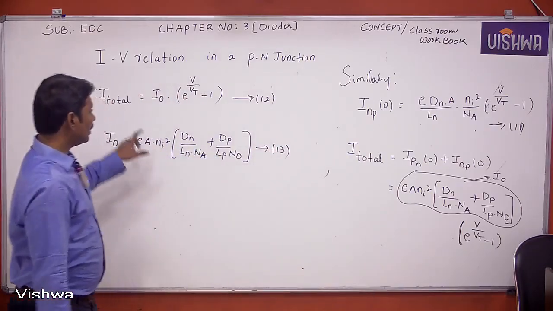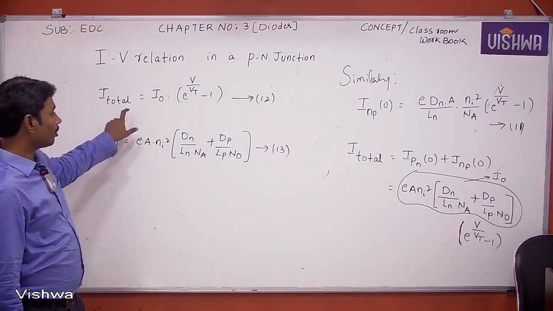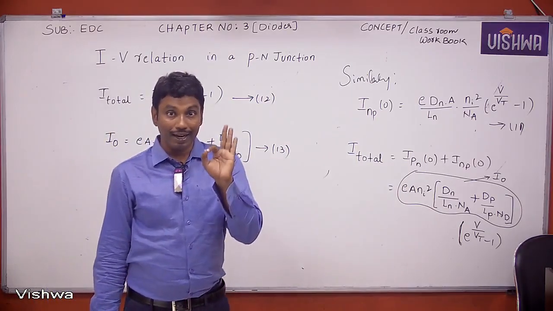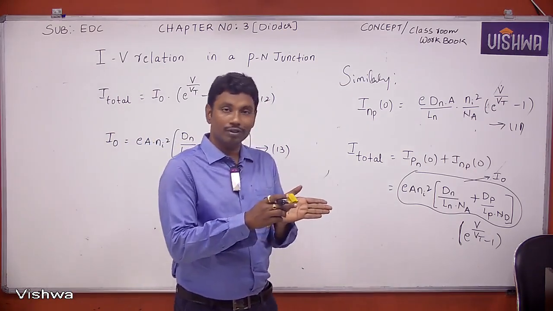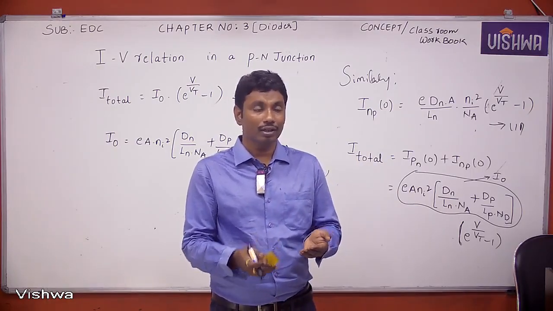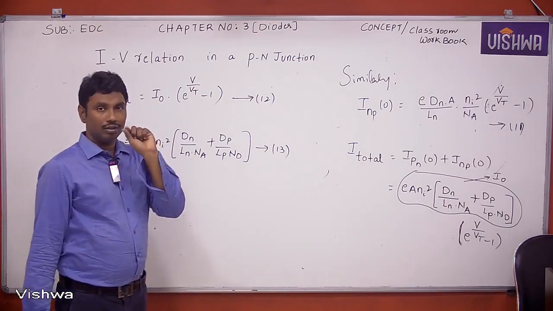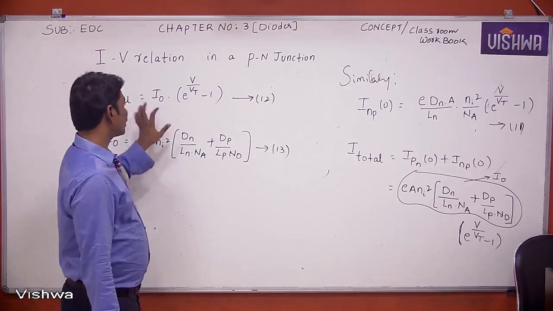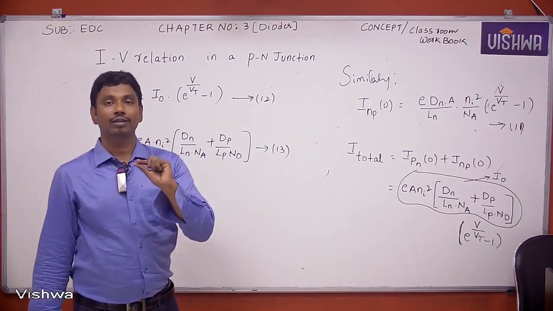This equation 12 can be satisfied only for germanium diodes. Whatever we derived now, equation 12 is satisfied only for a germanium diode. It slightly disobeys for a silicon diode. That means the theoretical and practical values for germanium are almost the same. If we consider a silicon diode with this expression, the theoretical and practical values have some error, that is, they do not match.